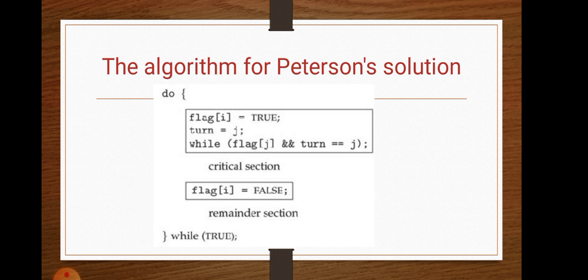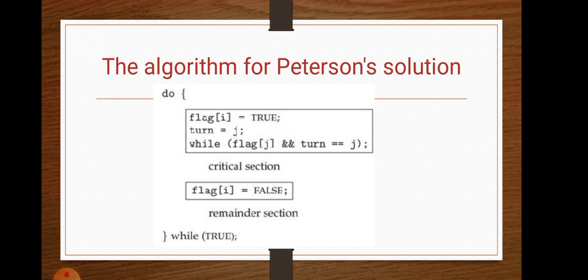For example, suppose we are running the processes P0 and P1. As you might know, the array index always starts from 0. So for process P0, the position in that array is 0.